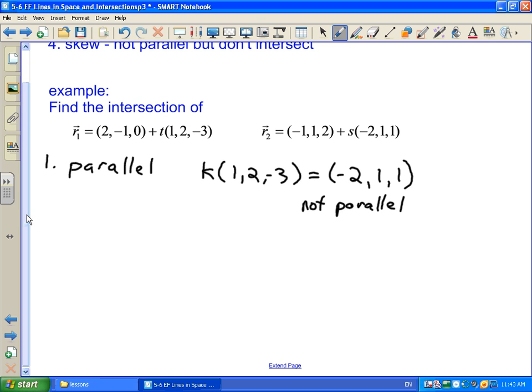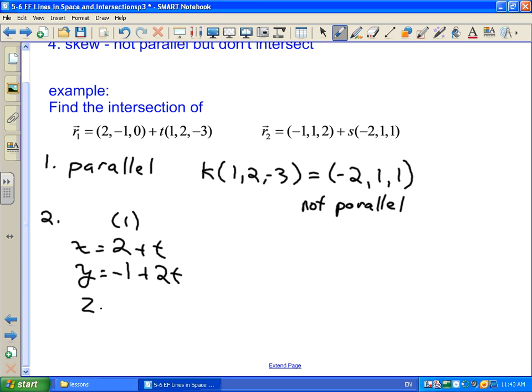All right, step 2, let's get our parametric equations here. For number 1, this time we're going to have 3 equations for each parametric in each set, because we now have x, y, and z. So our x is going to be 2 plus t. Our y is going to be negative 1 plus 2t.